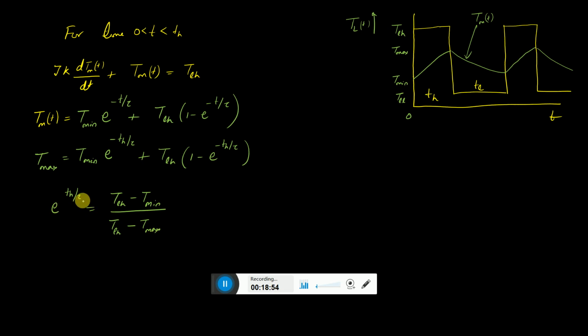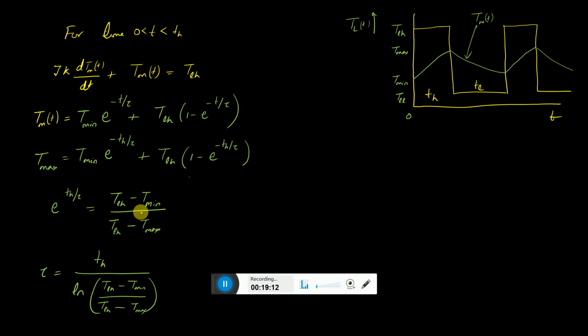So what is the value of tau? From this I can get the value of tau is equal to TH by ln of TLH minus T minimum by TLH minus T maximum.